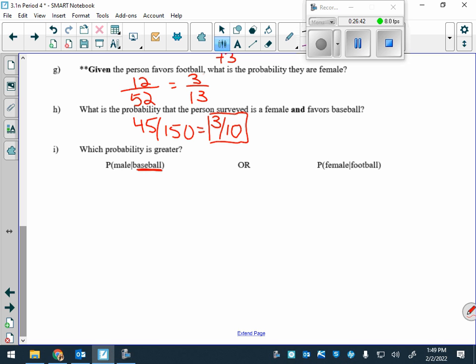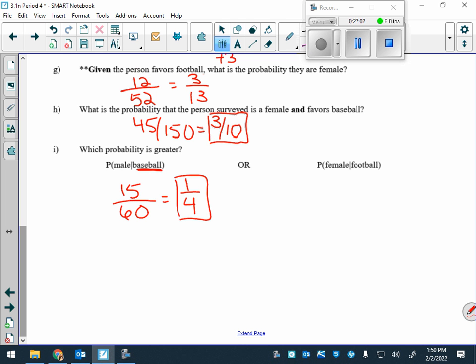Anybody just call out? 60. Out of those 60, how many of them were male? Okay, which reduces to 1/4.